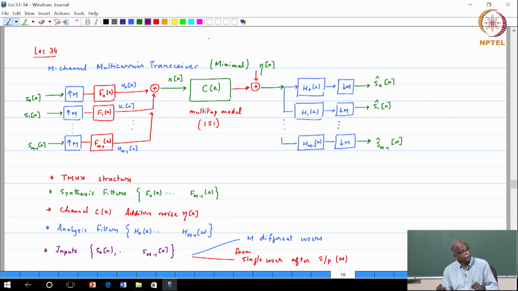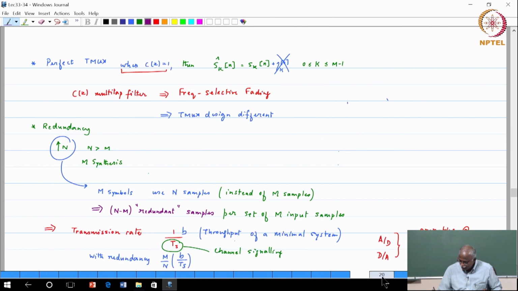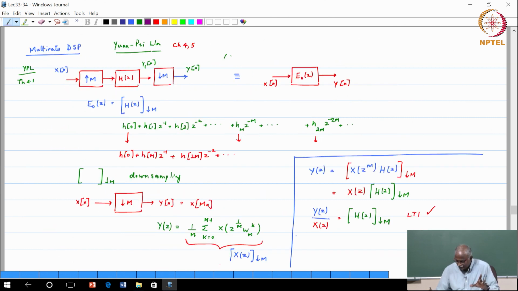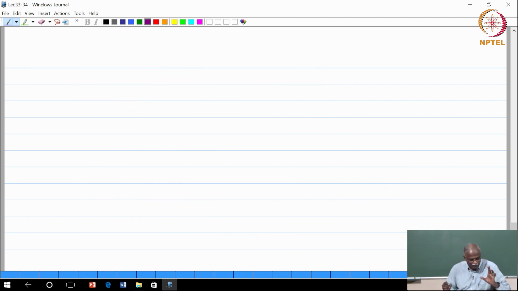There is an upsampler followed by F0, followed by channel C, followed by H0, followed by downsampler. If you actually wrote down the equation, it is going to be quite messy, but if you now apply the result that we now have.